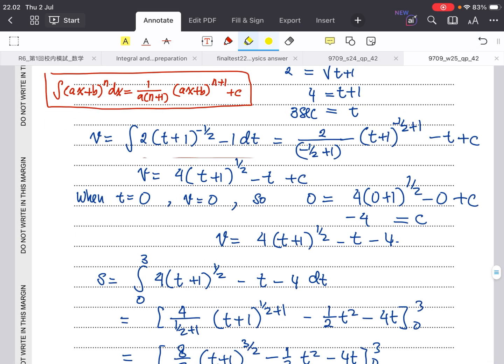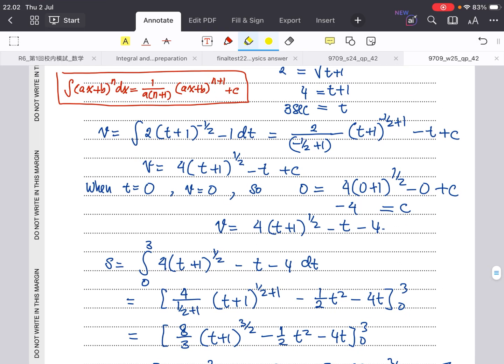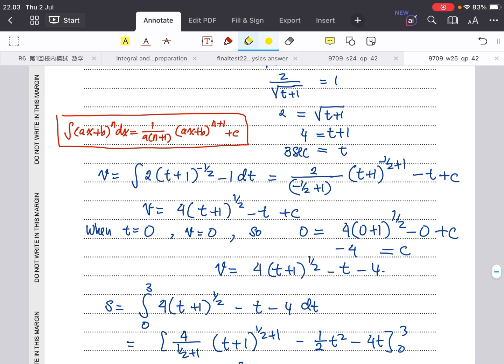And then to find s, the displacement of the particle, from the expression of velocity, we use integration again from 0 until 3. 3 seconds is the time when the acceleration is 0.